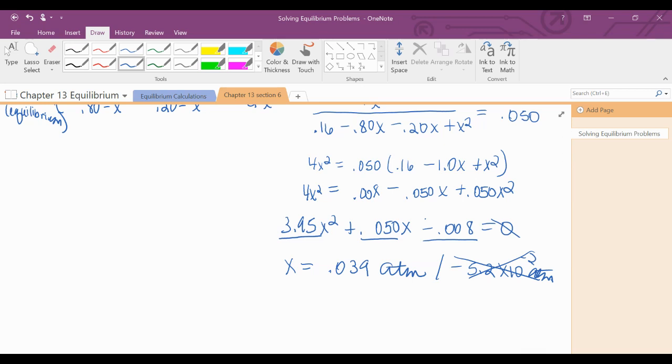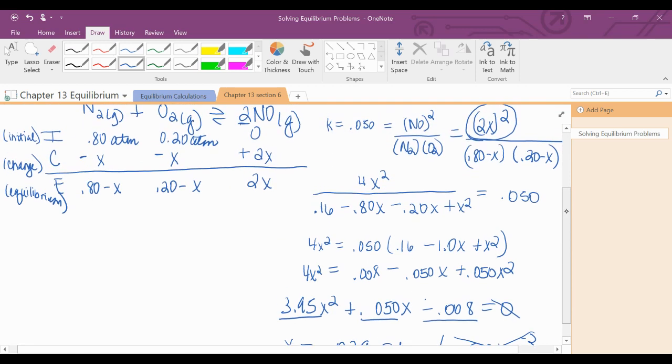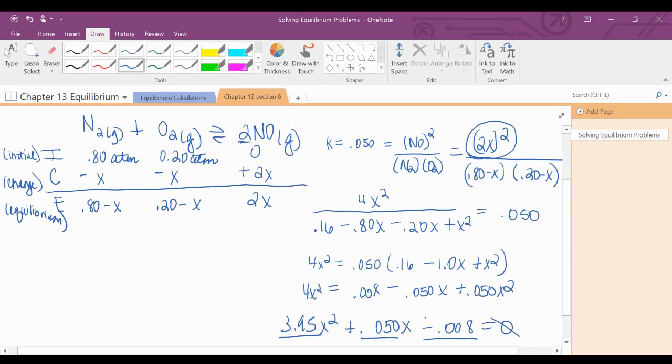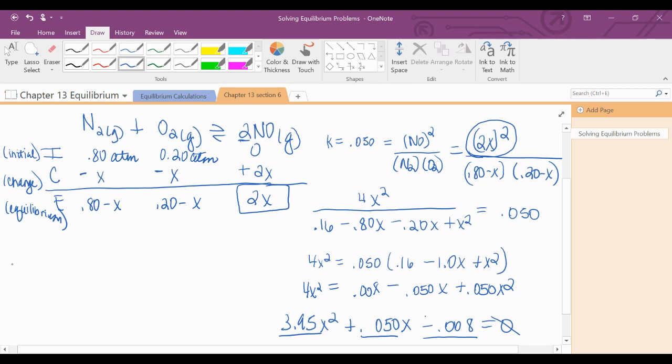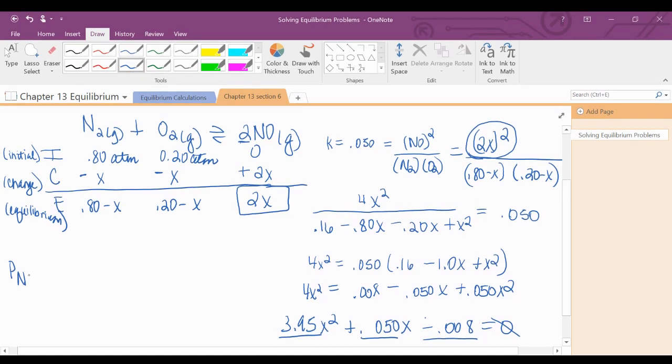All right. And so what I really want to know is the pressure of NO. So we're going to go back up to my ICE table here. And this is what I'm looking for. So the pressure of NO would be equal to 2 times my 0.039 atmospheres.